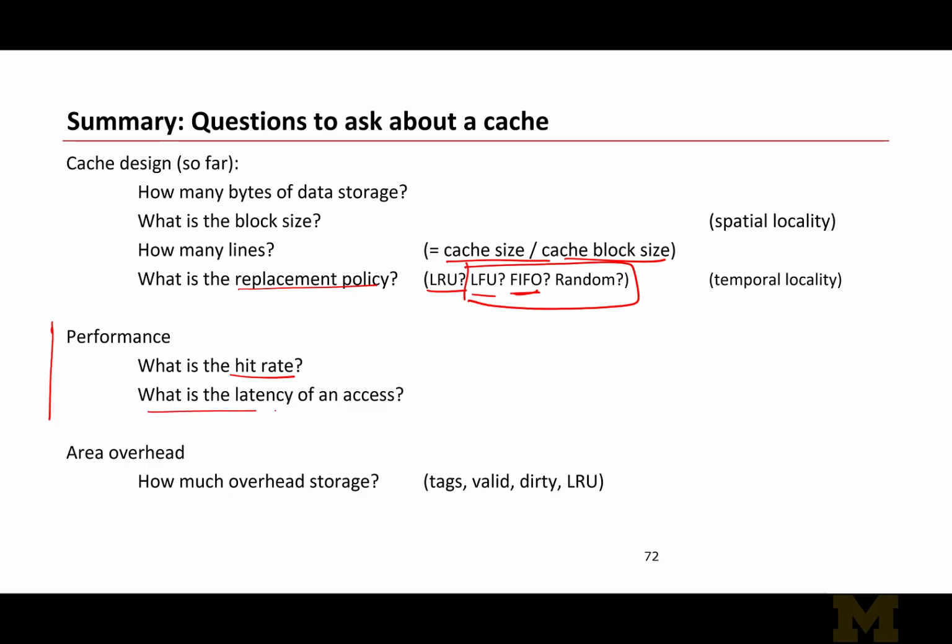And then we also talked a lot about the latency of a cache, and using this information we can compute a performance metric called AMAT, which stands for average memory access time. We also talked about the area overhead, which is defined by all the metadata that we have to store for every cache line, including tags, valid bit, dirty bit, which is what we use for write back caches, and then bits for implementing the LRU policy.